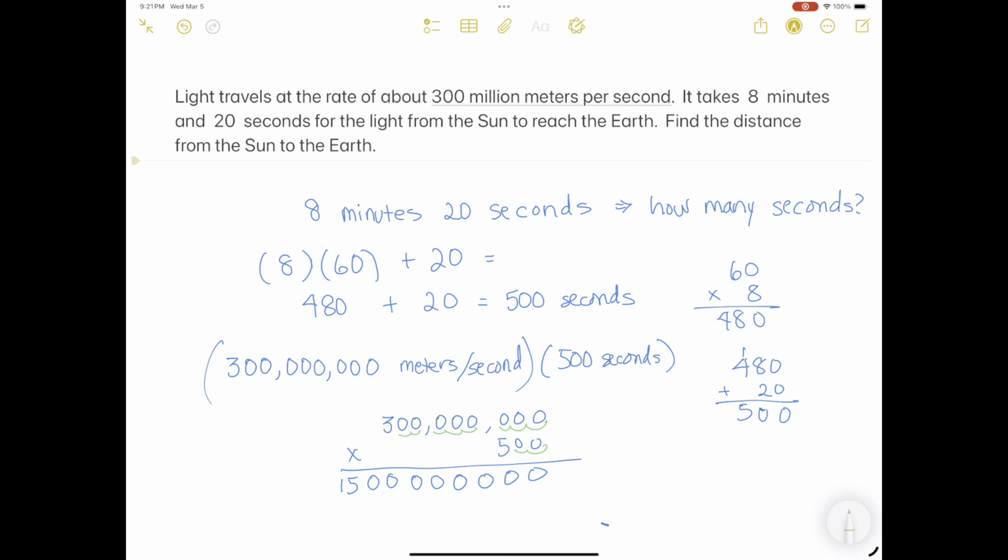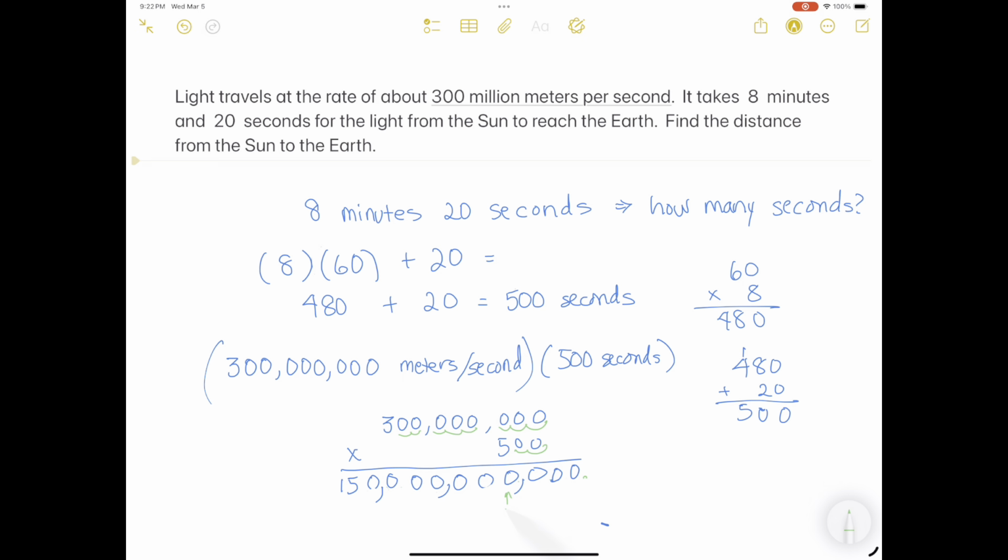I like to draw scoops under the zeros to count them all and make sure I haven't forgotten any. And starting from the ones column, make sure you draw a comma after every 3 zeros going towards the left so you can keep track of the place value.